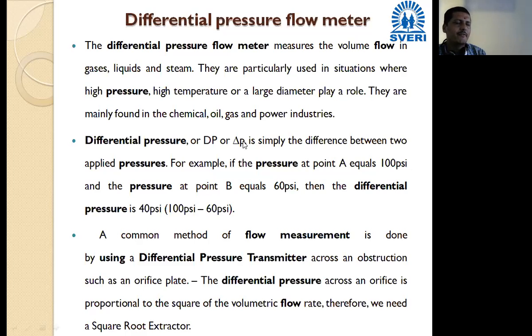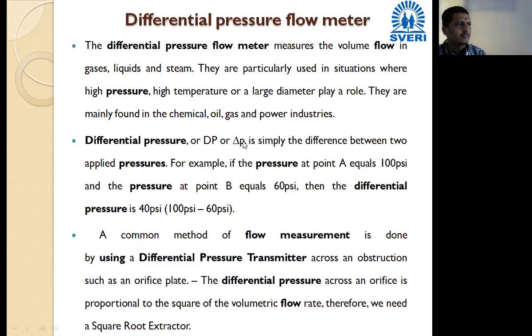They are mainly found in chemical, oil, gas, and power industries. Full stop and next line.